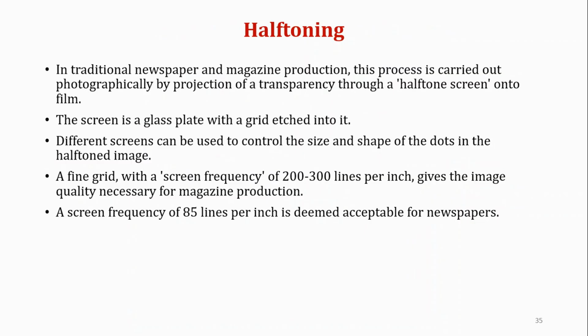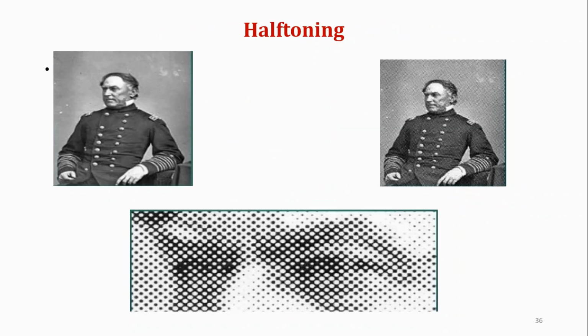A fine grid called a screen frequency, 200 to 300 lines per inch, can be given, and image quality depends on the resolution. A screen frequency of 85 lines per inch is acceptable for newspapers. If you zoom into the image, you can see this kind of dots in the grayscale, black and white. It's called half toning.